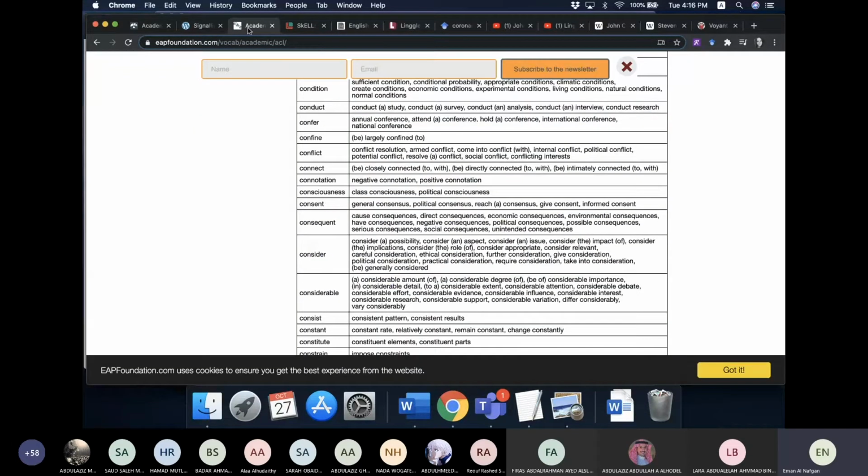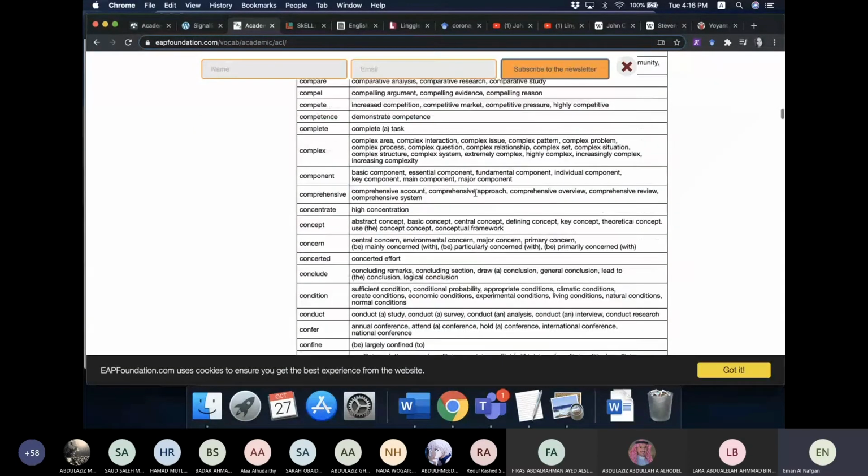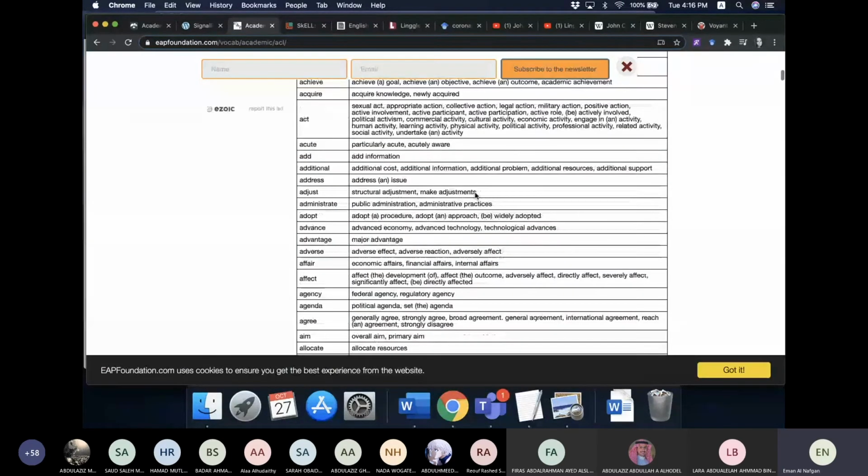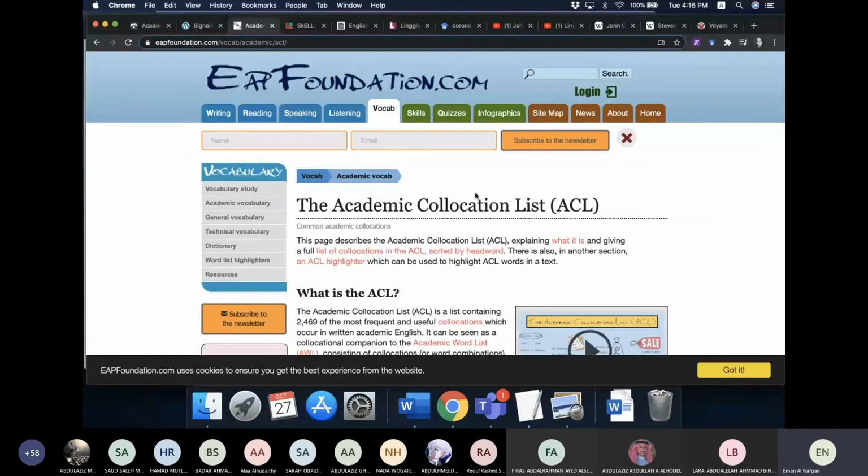Sometimes there's something that you want to use, and you don't know what are the most common words that you can use with it. How do you use that word? What's the preposition to use with that word? What is the verb that's commonly used with that word? If it's a verb, what is the most common noun to use with that word? So on and so forth, okay?